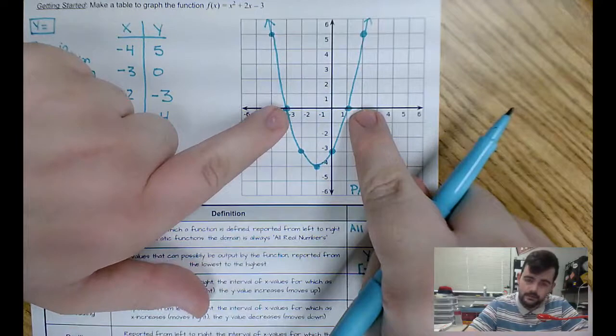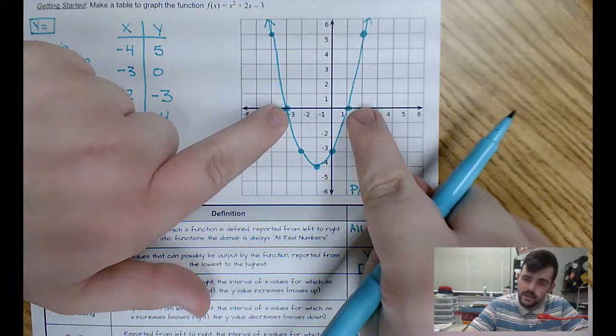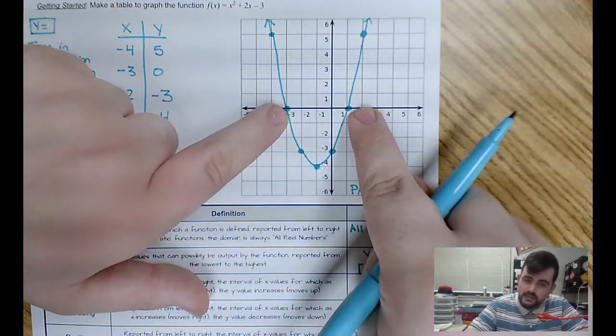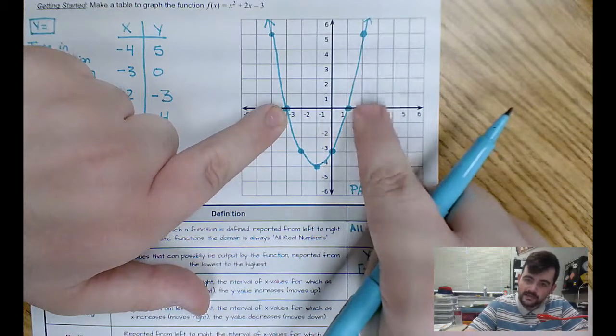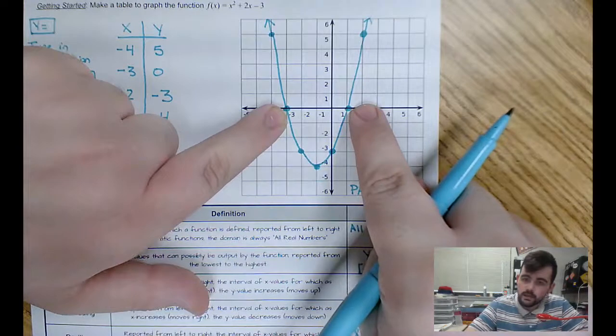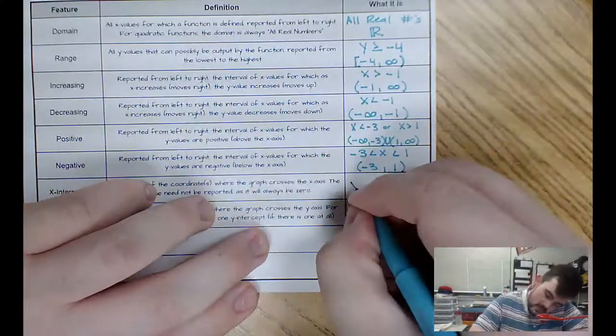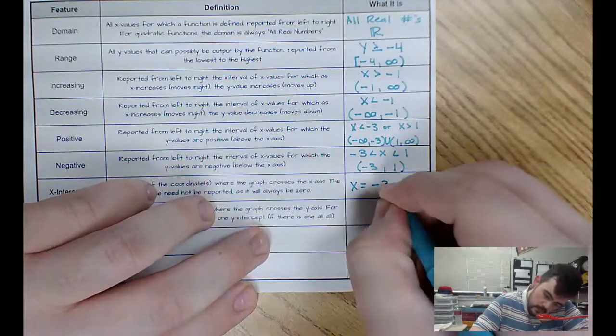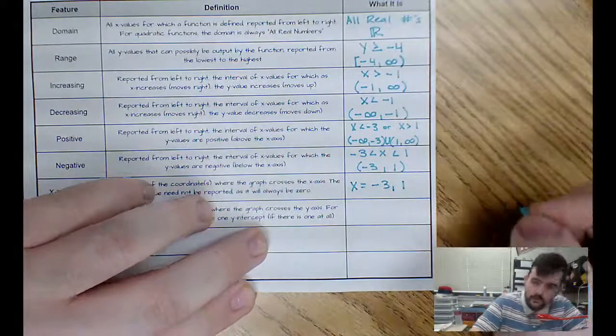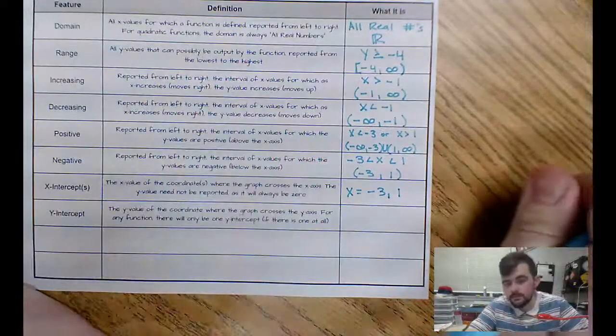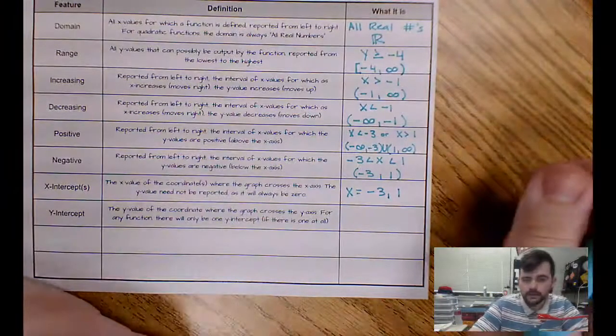So all I need to do is say the x values. Well, it crosses at -3 and at +1. So that's it. Those are my x-intercepts. And all I need to say is x equals -3, 1. You could also say x equals -3, x equals 1, but it doesn't matter.